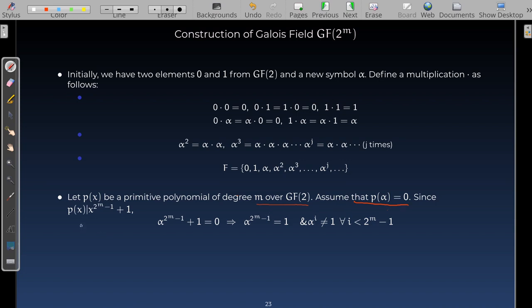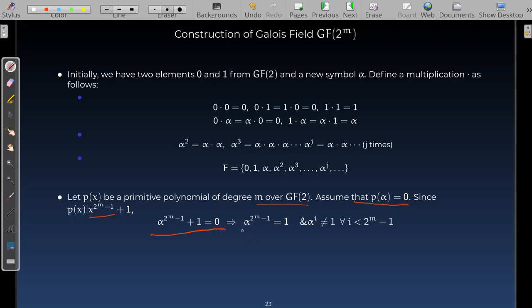Since p(x) is a factor of x^(2^m - 1) + 1, if we put alpha in this, it is going to be equal to 0. So alpha^(2^m - 1) + 1 becomes equal to 0.